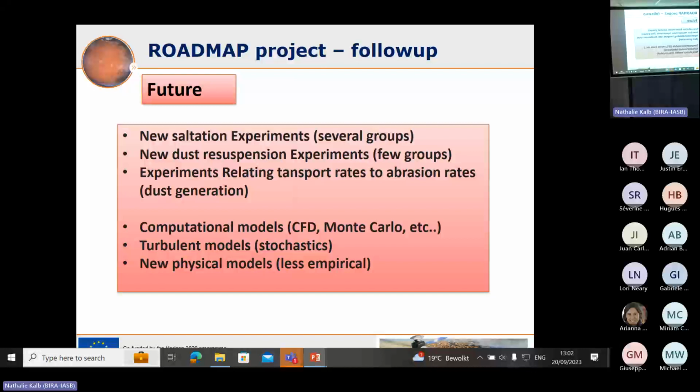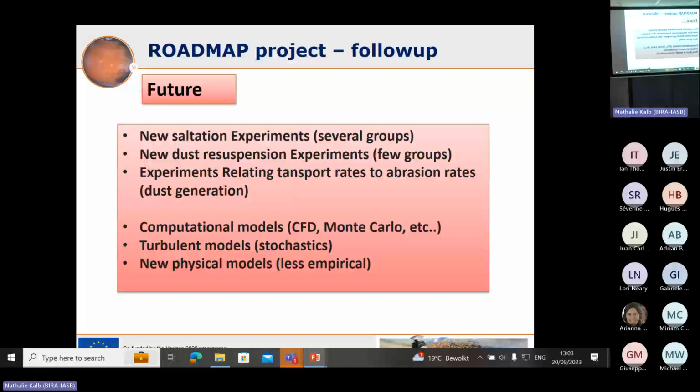But saltation is clearly a lot more complex, and by trying to study it on Mars, you really emphasize some of the new physical processes going on. There aren't that many groups studying dust resuspension. We will probably try to continue if we can get any money for it.